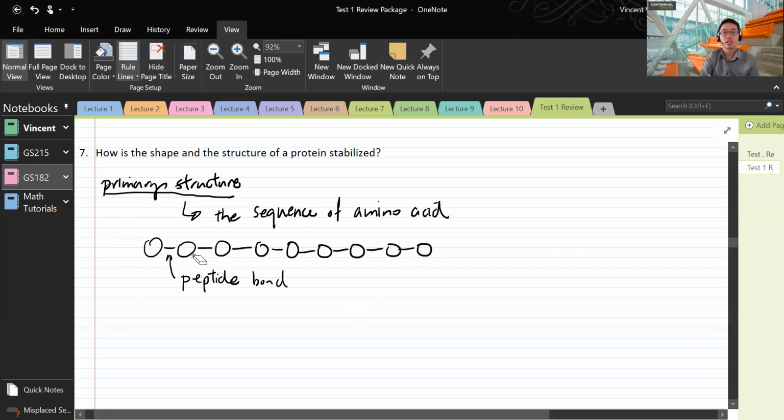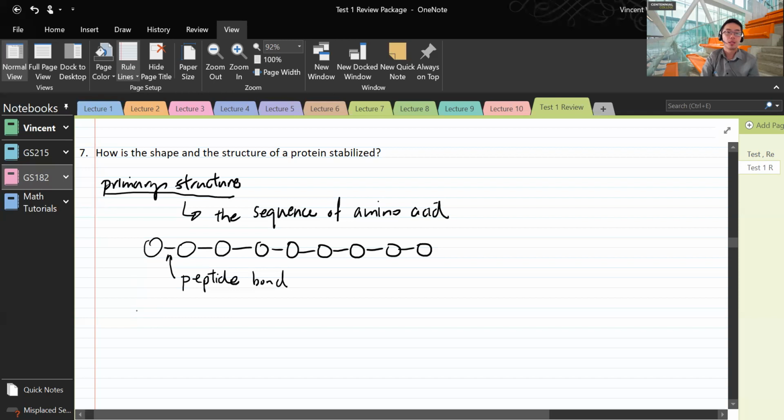But once it unfolds into a linear sequence, you won't be able to break down the amino acids. The peptide bond can only be broken by enzymes, for example, as well as some other chemical agent called a reducing agent, but we didn't learn that. The key thing is temperature alone will not break down the primary structure.